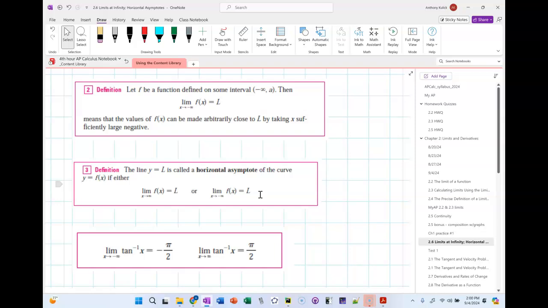Not sine or tangent, a logistic function. Like 1 over 1 plus e to the x. That's okay. It just means you have an exponential in the denominator. So like 1 over 1 plus e to the x.